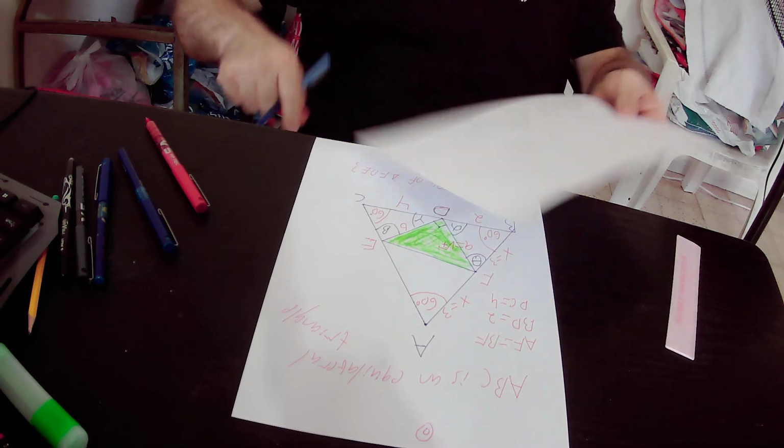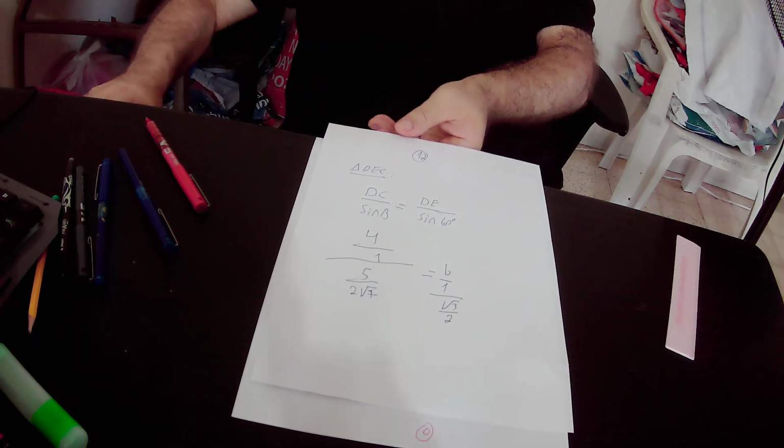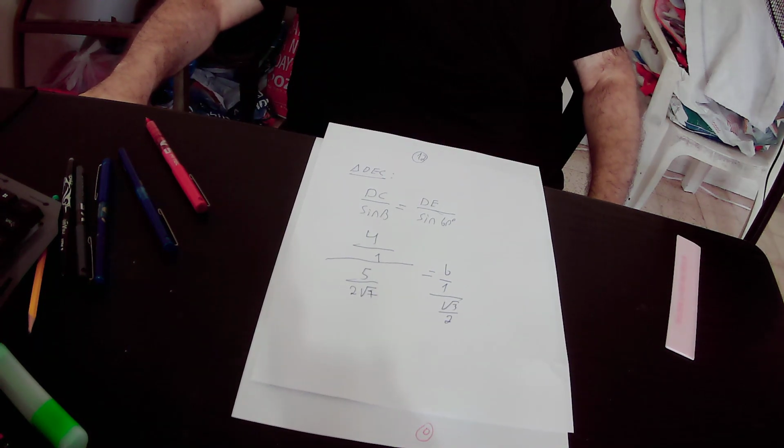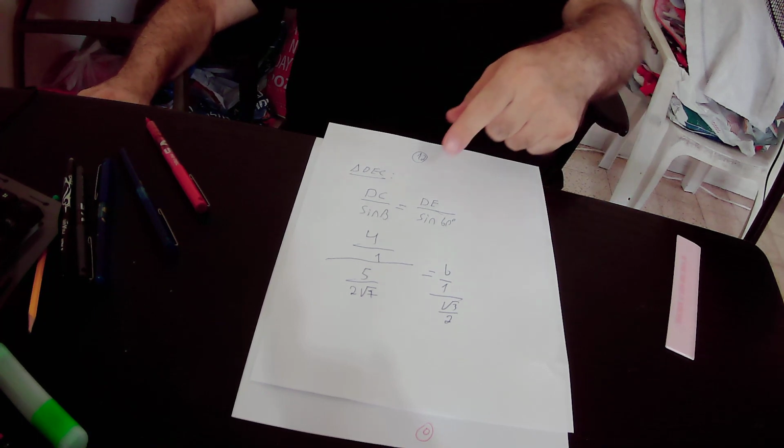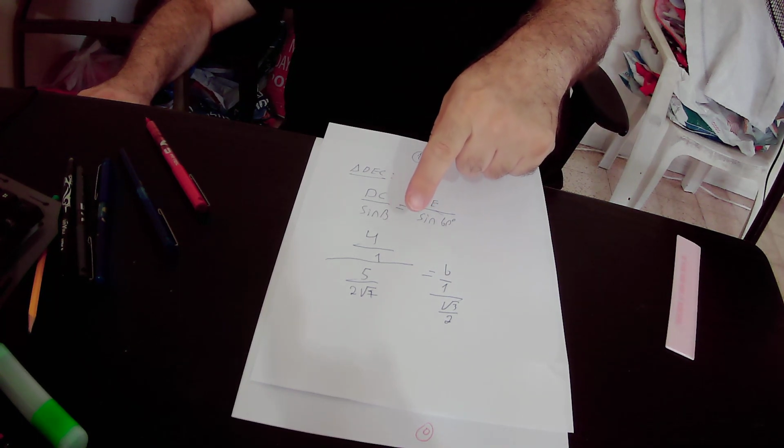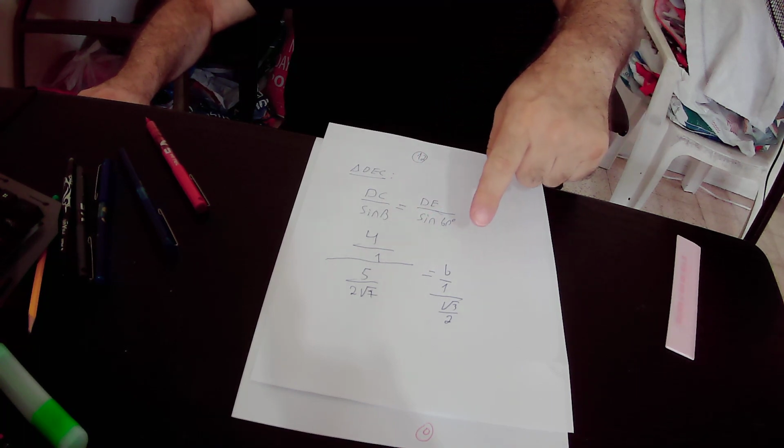So in total we got that 4 over 5 over 2 times root 7 equals B over root 3 over 2.